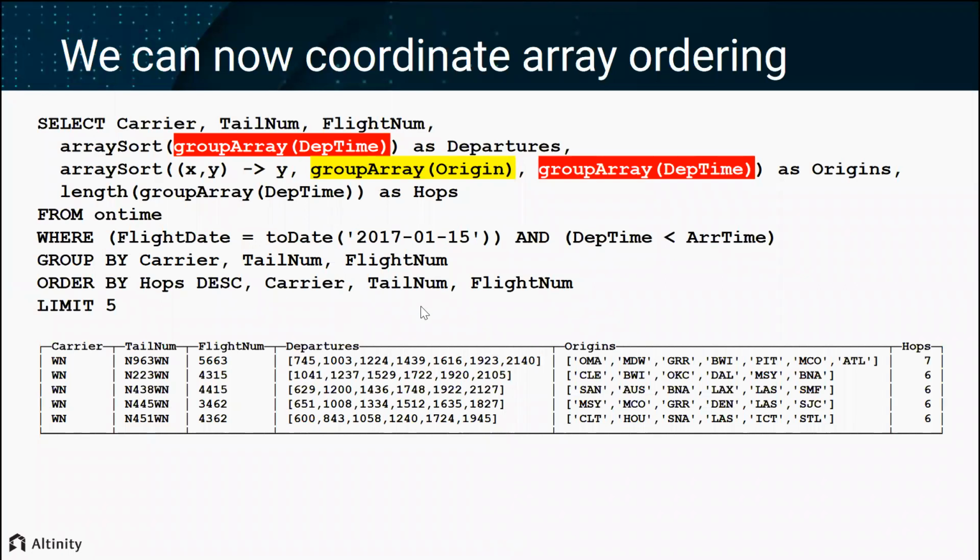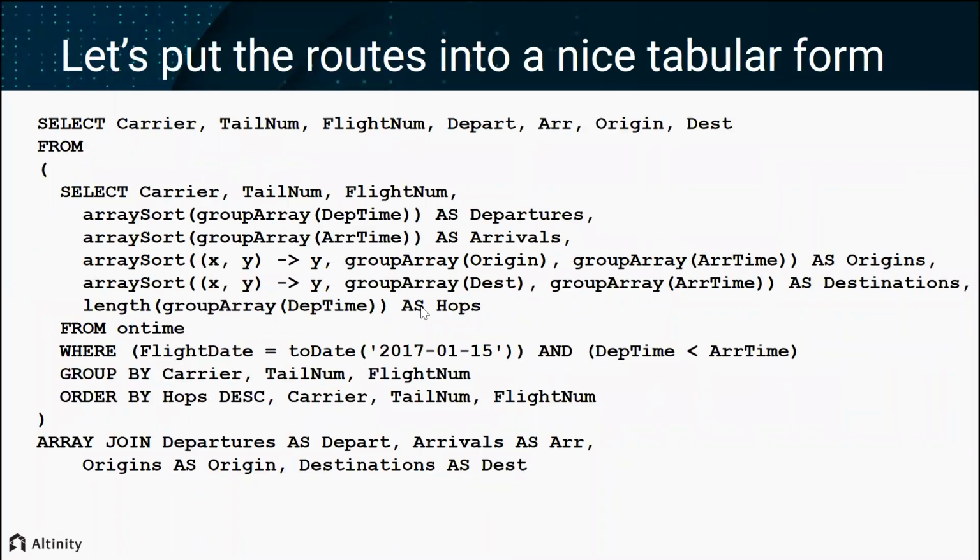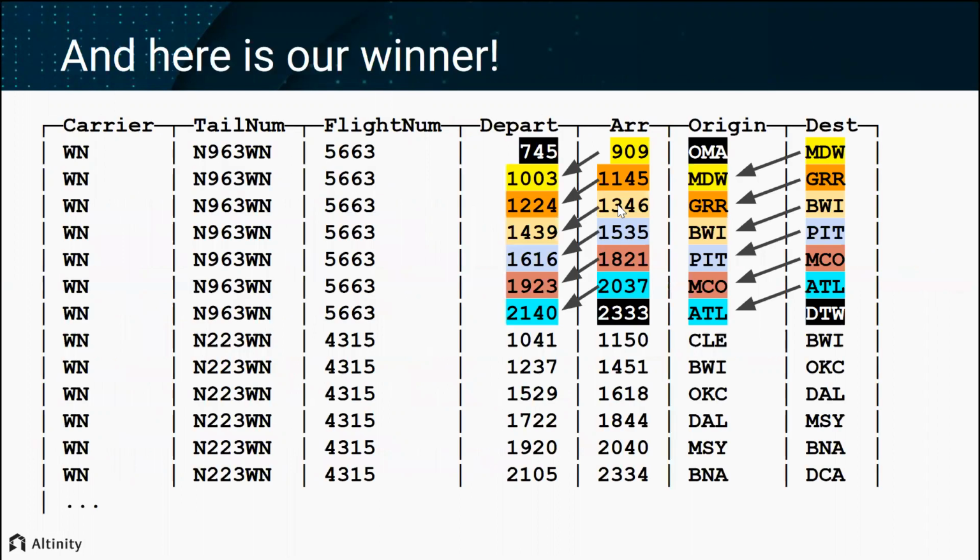We can build this out a little bit. So here's where we build it out fully. We don't just have the departures and the origins, we have the arrival times and the destinations. We complete the query, and then we put it in a subquery and use array join to roll it back out into a nice tabular form. So let's do that. We'll not look at this code too much, but just see the results.